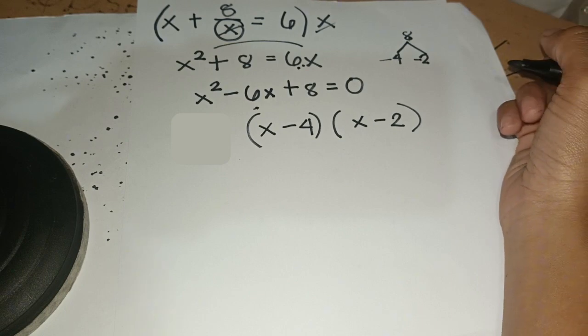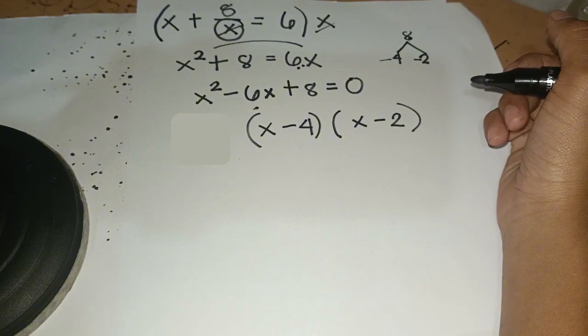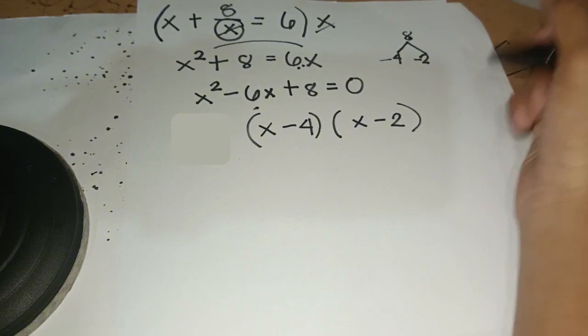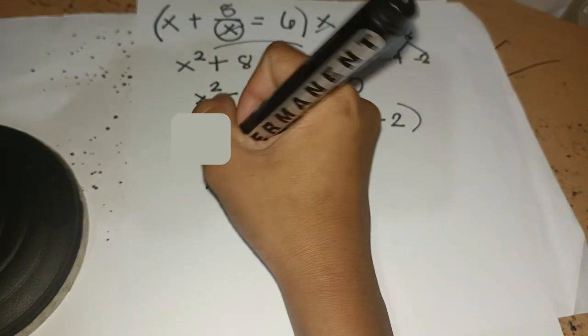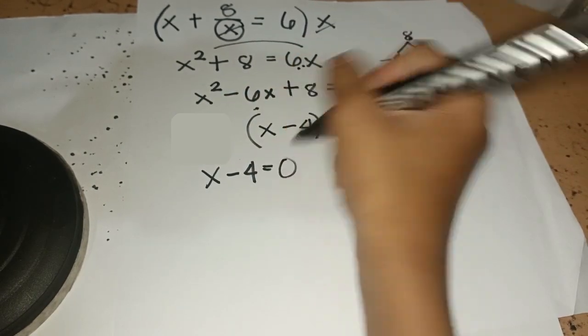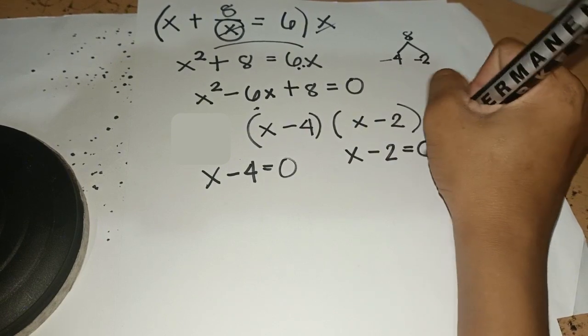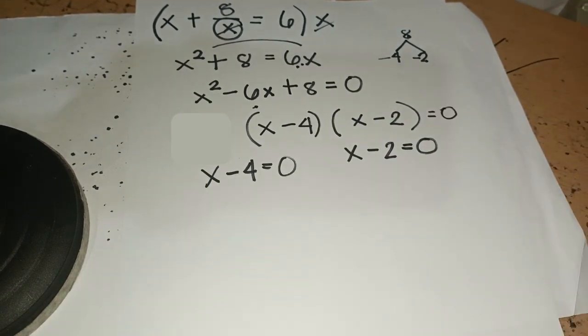Now what you need to do is set each factor equal to 0 and solve for x. So x minus 4 equals 0 and x minus 2 equals 0.